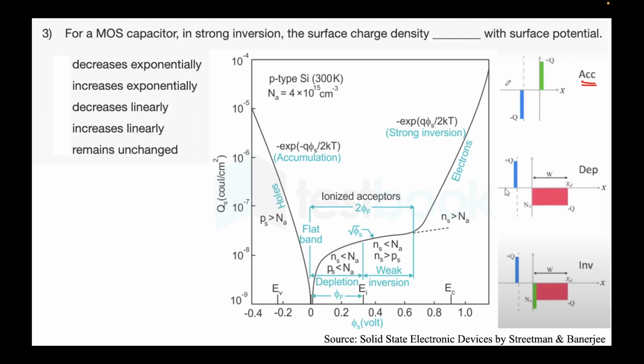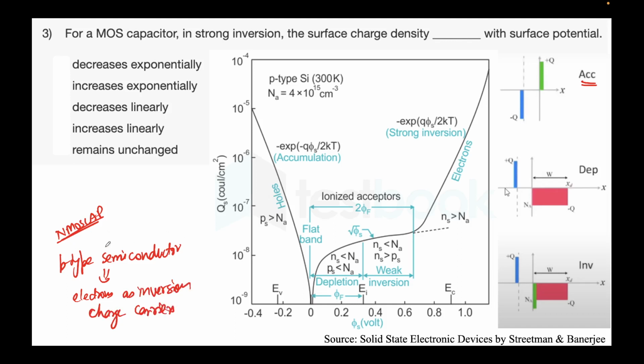Unless otherwise mentioned, we always talk about an n MOSCAP. An n MOSCAP will be realized on a p-type semiconductor because it will have electrons as inversion charge carriers.